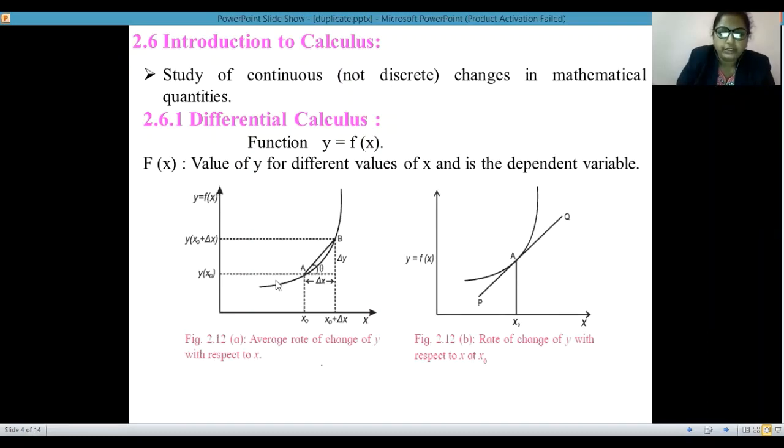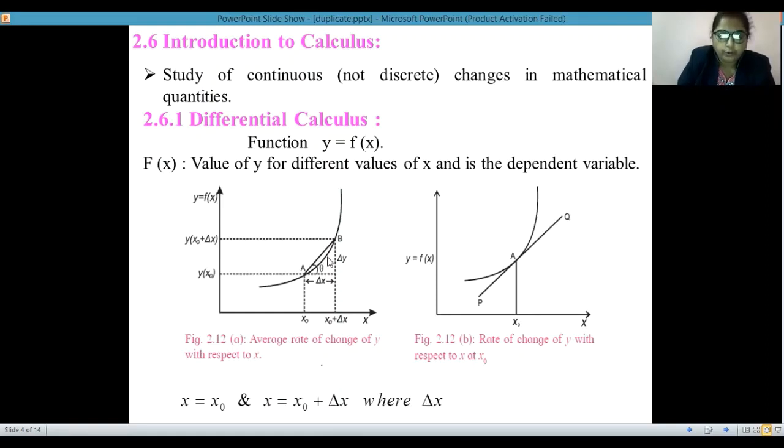We can thus draw the graph of y against x as shown in figure 2.12a. Let A and B be two points on the curve, giving the values of y at x is equal to x0 and x is equal to x0 plus delta x, where delta x is a small increment in x.